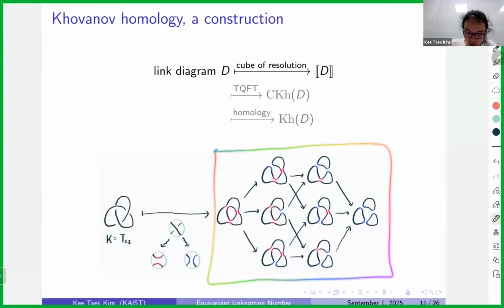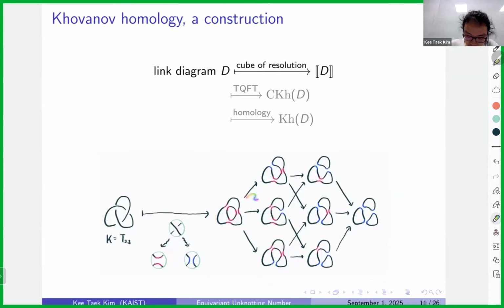This process is the so-called cube of resolution, and each arrow can be considered as a cobordism, like a pencil picture. For example, this arrow corresponds to the splitting cobordism like this, because we have one circle here, but it divides into these two parts.